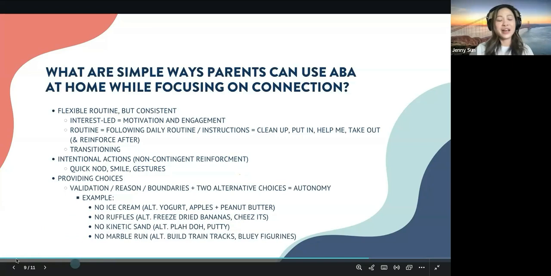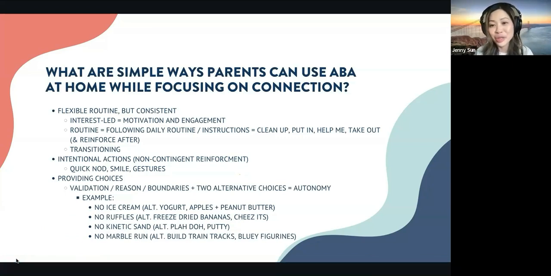Okay, so intentional actions, like non-contingent reinforcement. Basically what that means is just smile at your kids just because. They don't need to do something good or earn it. Just smile at them, hug them, give a quick nod.